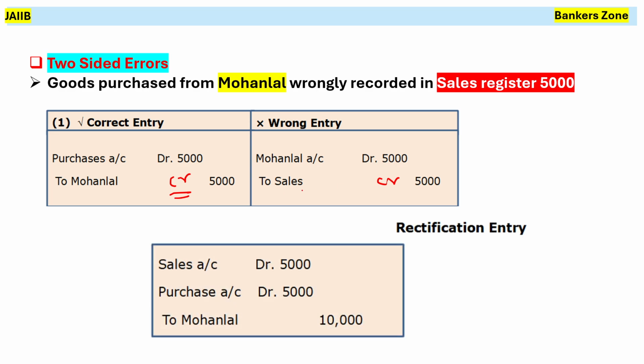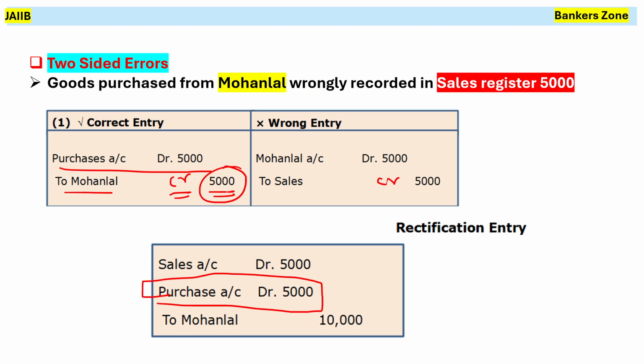Now see how to rectify that entry. Very important thing. Ideally, what should happen? Ideally the purchase account should be debited, so we will debit the purchase account by 5,000. And the corresponding entry is that Mohanlal's account should be credited by 5,000. This should be the ideal entry. But in the wrong entry, we debited Mohanlal's account by 5,000.